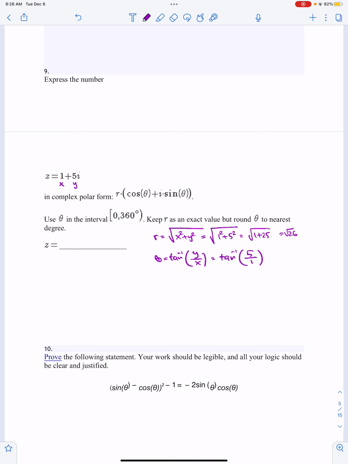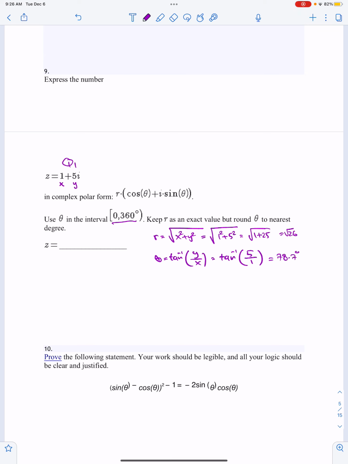I know this point is in the first quadrant, so my angle is going to be in the first quadrant as well, and tangent is going to be positive. I'm going to punch that into my calculator, making sure I am working in degree mode. So it's in degree mode. Let me double check first, and then inverse tangent of 5 is equal to 78.7.